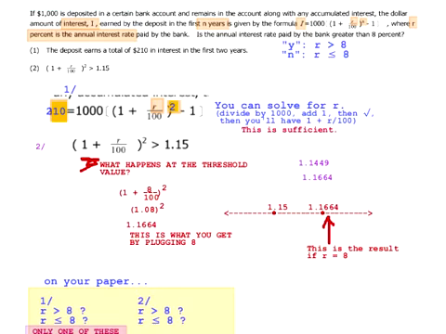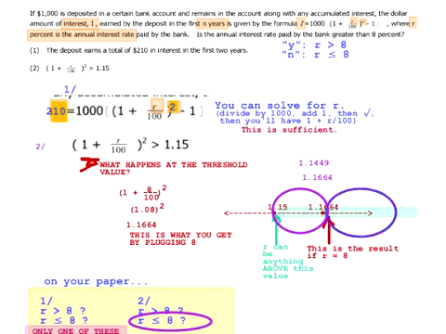And I mean, common sense, if you have smaller values of R, it's going to be smaller, right? But these are the values that satisfy the statement. So R can actually be anything greater than this value. So it's not going to be sufficient because anything to the right of that is going to include some values that are here, which would be these, and also some values that are here, which would be these.